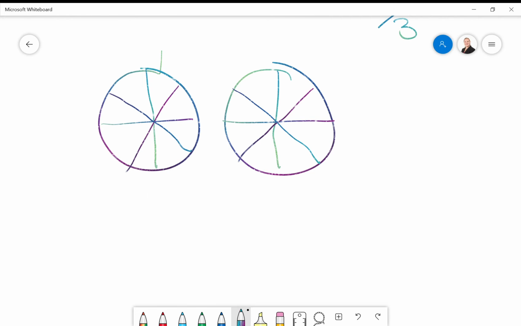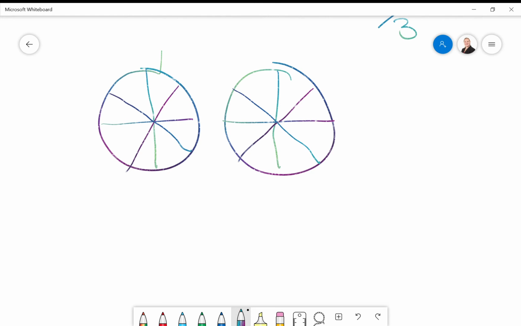So if one of my customers comes along, and they've got a large family, and they've got 10 people in their family, and they want to buy a piece of cake from these cakes for each member of their family.